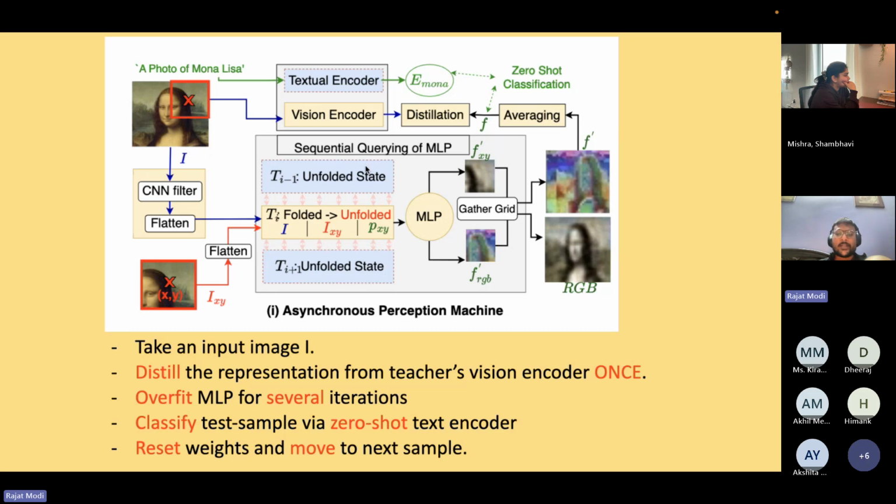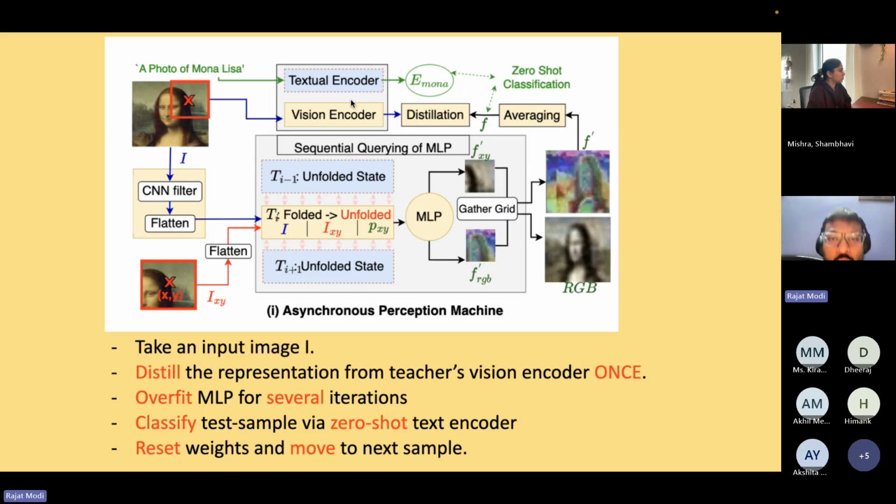The student is this new network, which uses the folding and unfolding operation I described, and it will do test time training using a teacher and improve the performance of the teacher. As Shambhavi correctly mentioned, the performance will depend on the quality of the teacher, but if your teacher is very nice, you will get an even nicer performance after test time training.